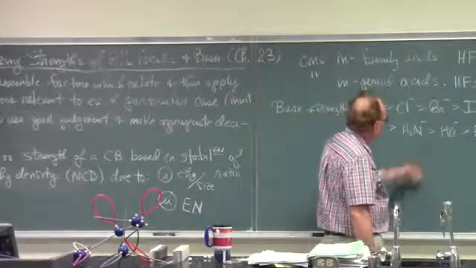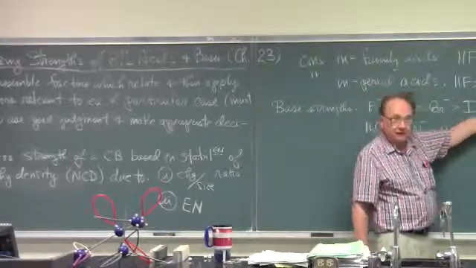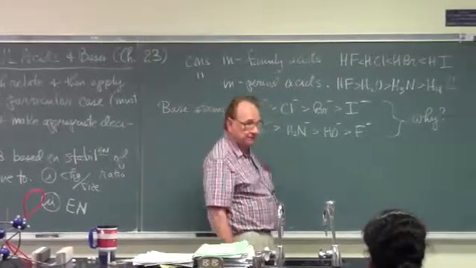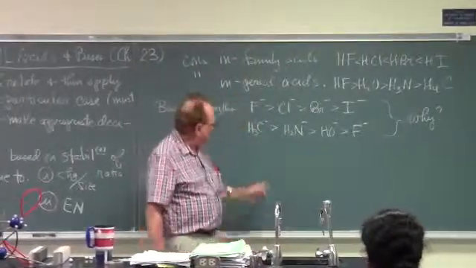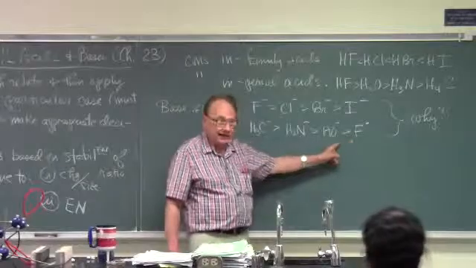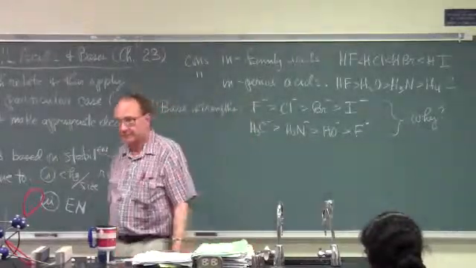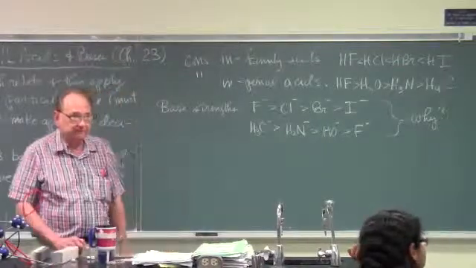Again, if this is the trend in acid strength, then this must be the trend in base strength. Which of these anions is the largest? That should be ever so obvious.